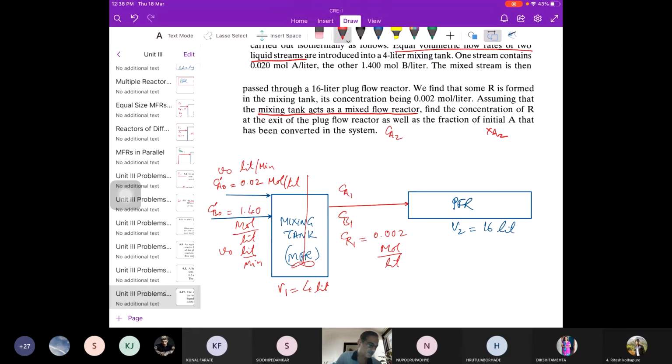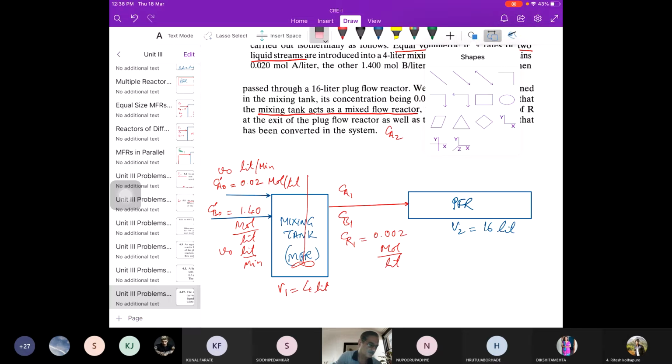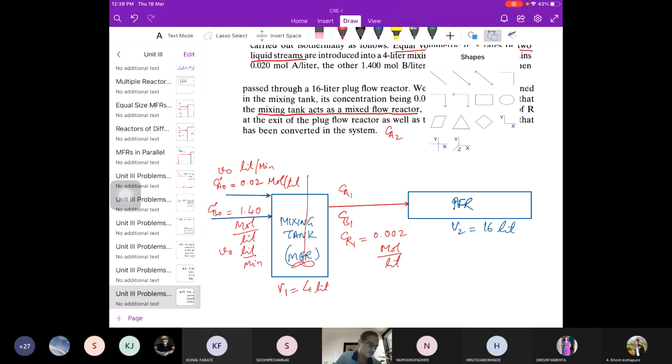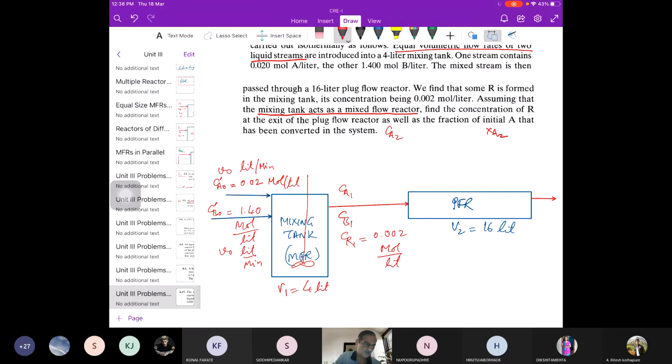So what we need to find is what is the concentration here. So we need to find out Ca2 and XA2. Okay.